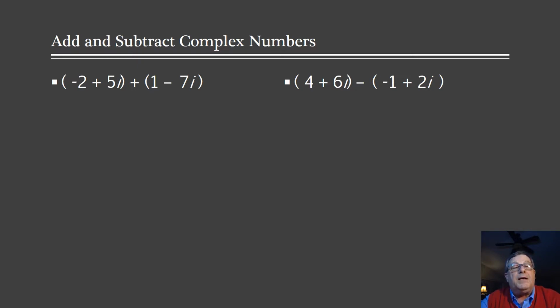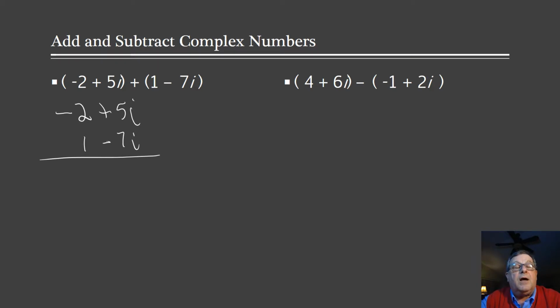So here we have -2 plus 5i, and we're adding to that 1 minus 7i. Now, I like to deal with these by rewriting it and putting it in this form. So I've got -2 plus 5i, and we're going to add to that 1 minus 7i.